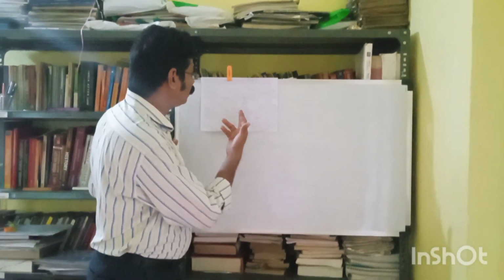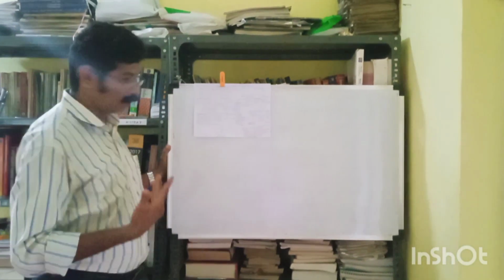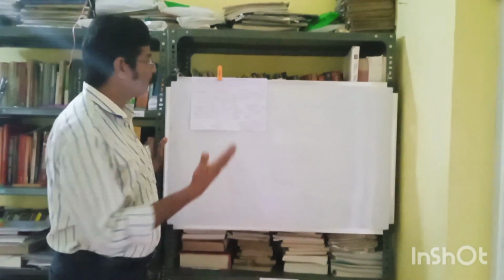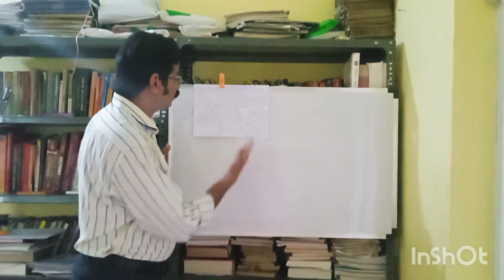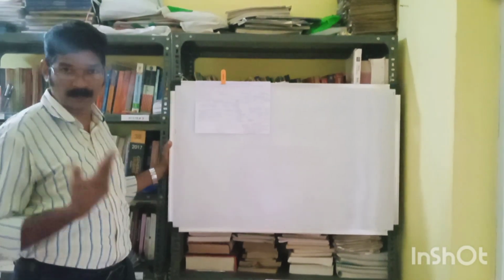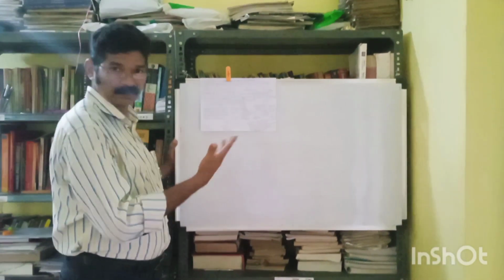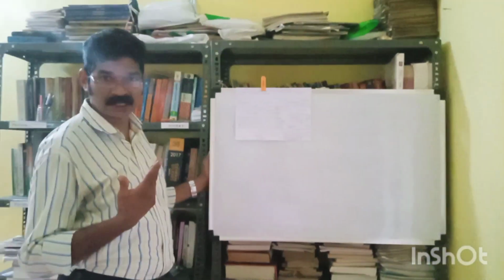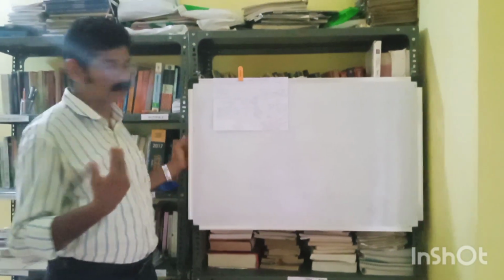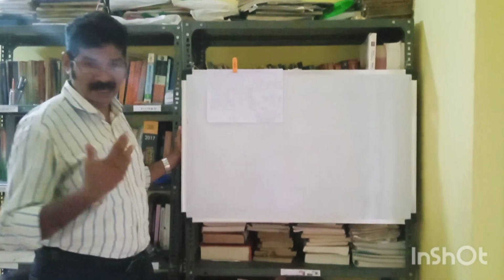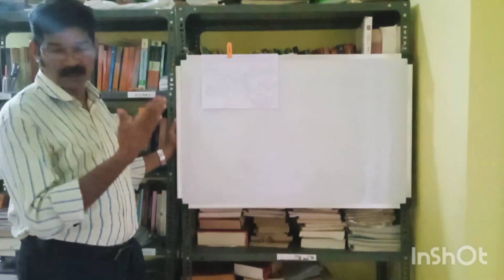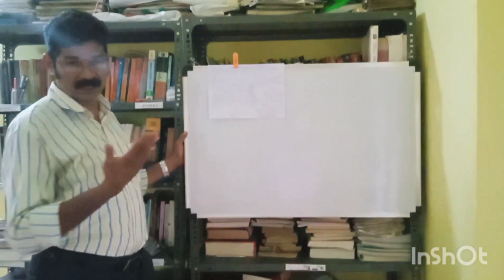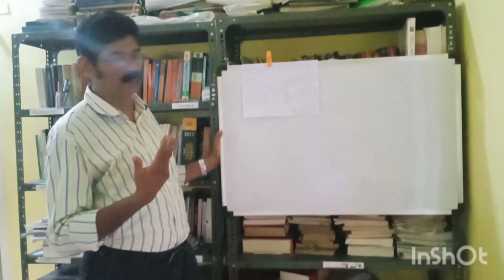First of all, they have to decide whether the approach is quantitative or qualitative. In history, most of the time it is qualitative studies. Sometimes quantitative studies are also used, and sometimes a hybrid approach, using both quantitative and qualitative.